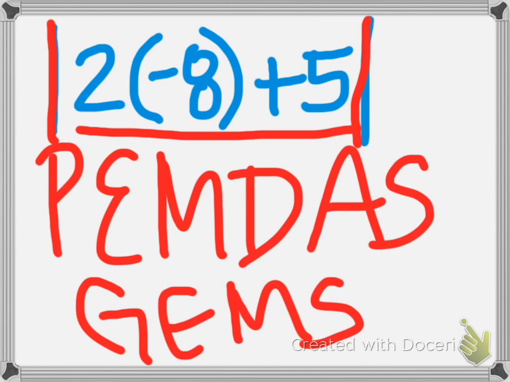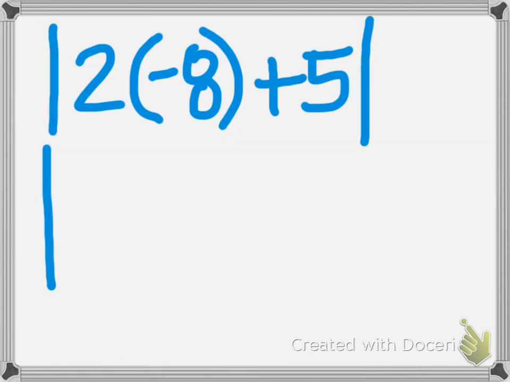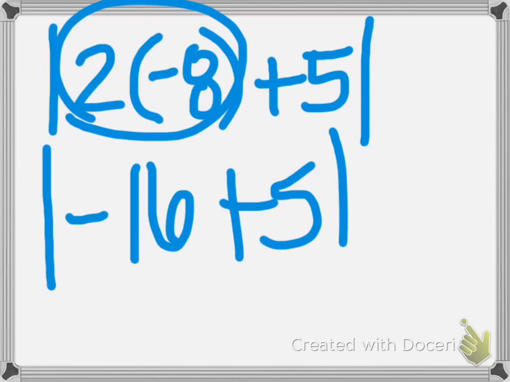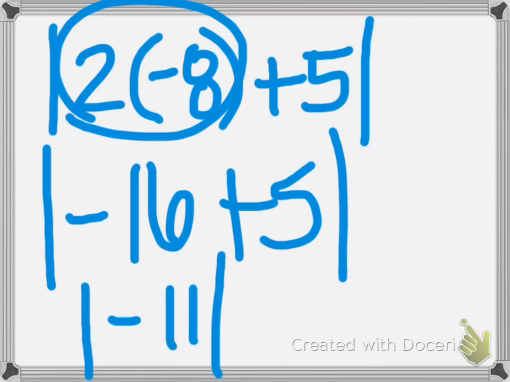So we have to solve this the same way we would if this was parentheses. We're going to multiply 2 times negative 8, and that's going to give us negative 16. Then we're going to add the 5 to that, and negative 16 plus 5 gives us negative 11. And remember that all of that still stays within the absolute value symbol.